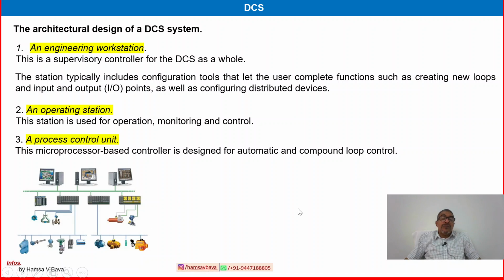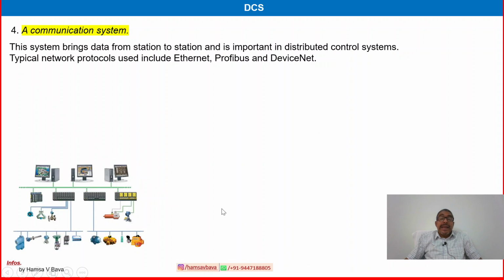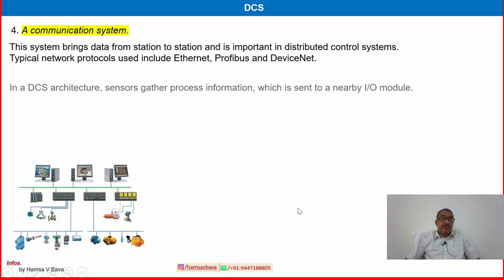This is also part of LER. A communication system, that is the data transfer. This system brings data from station to station and is important in a distributed control system. Typical network protocols used are Ethernet, Profibus and DeviceNet for the communication.